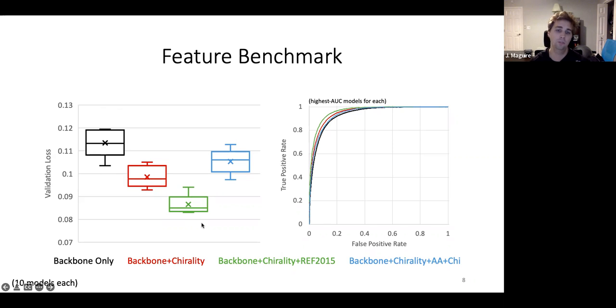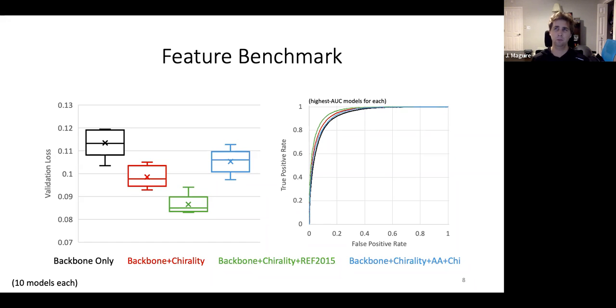Green is another one, again building off the previous one, a superset of everything shown up to this point. But now every edge and every node has the respective Ref 2015 terms.